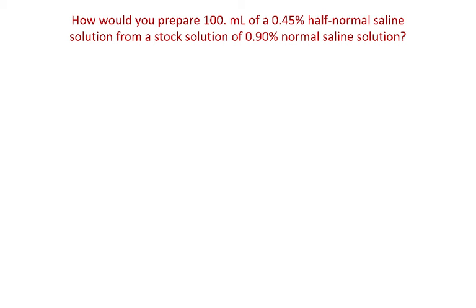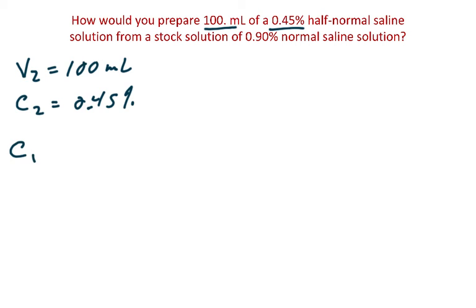But let's be strategic here and work through what we know and what we're solving for. So we want to prepare a 100 milliliter solution of half normal saline from a concentrated stock. So that's going to be our diluted solution. So V2, our final volume of dilute, will be 100 milliliters, and the concentration will be 0.45%.